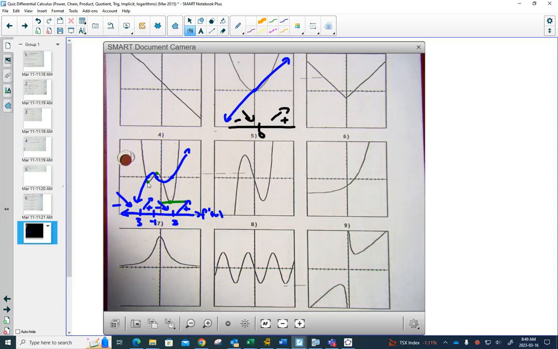So for your test on Monday, I would say, you've got your 2 quizzes. I've given you your pre-test. Did I also give you this review? Yeah. This review with the graphs as well? Okay.